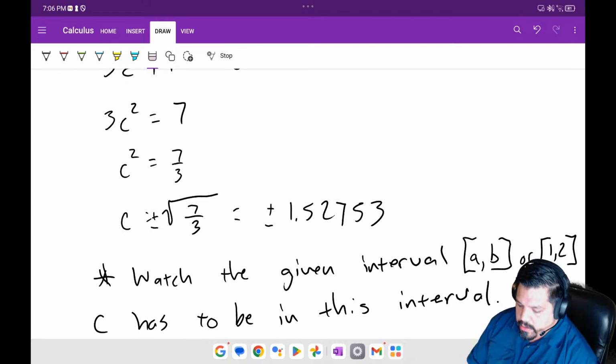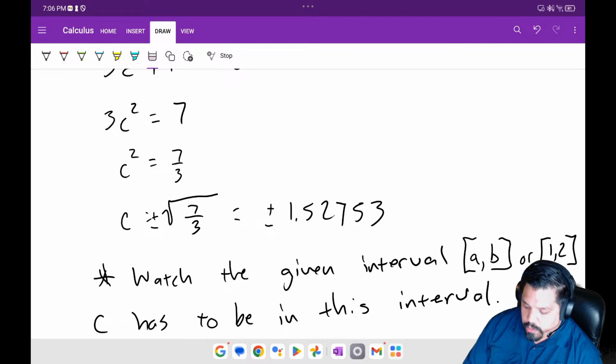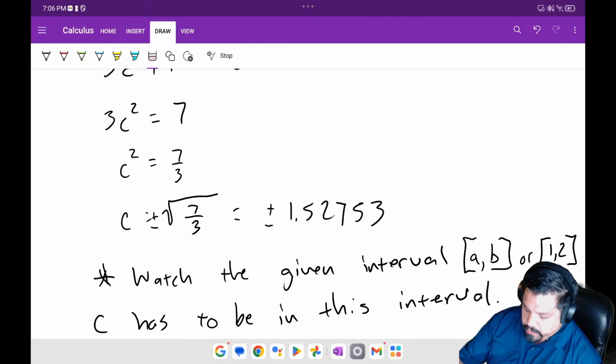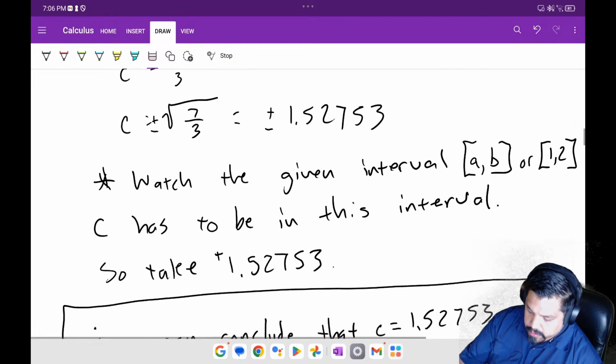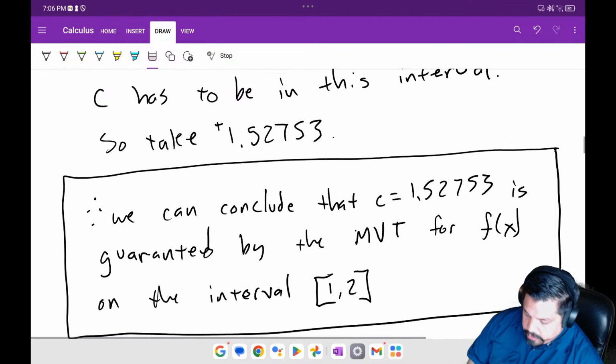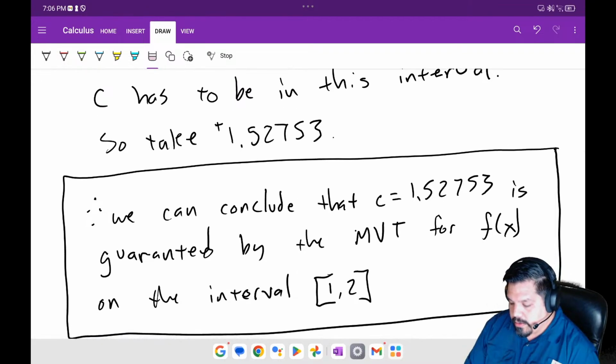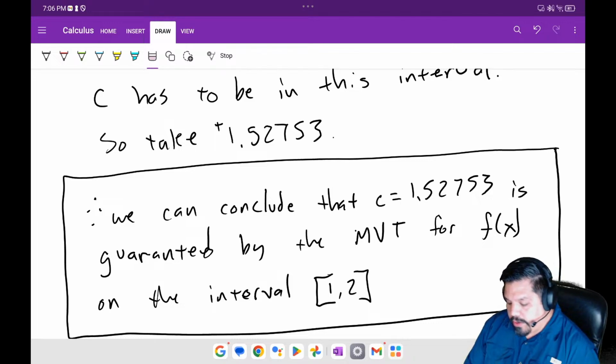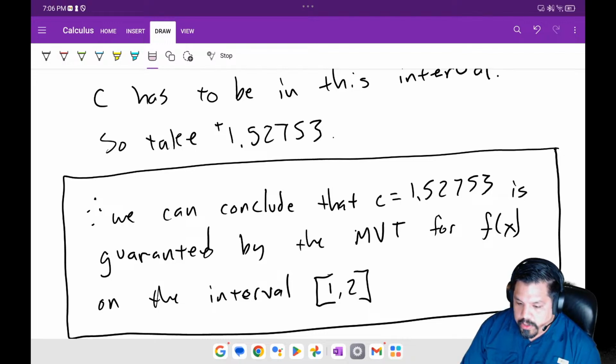So c is equal to plus or minus 1.52753, and in this case we're going to take the positive one, which is in between there. Therefore, we can conclude that c is equal to 1.52753, guaranteed by the mean value theorem for f of x on the interval between 1 and 2.